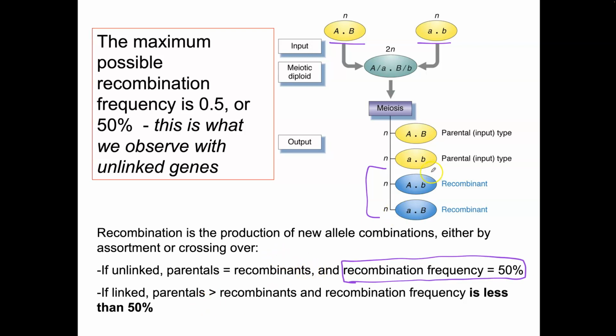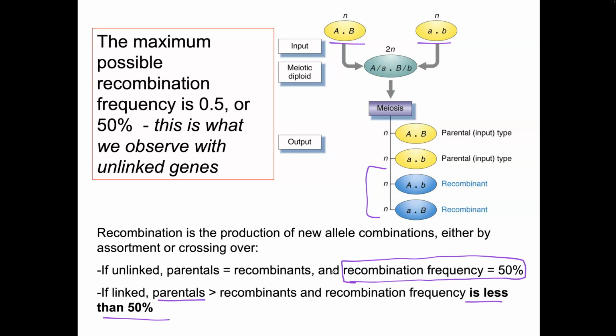And then if the genes are linked, the parentals are always going to be in higher frequency than the recombinants. And so we're going to see fewer than 50% of the non-parental types, right? This is one of the first things we look at when we do a test cross or something like that: how many non-parentals do we see? And if it's like 48 or 49%, we don't really know.